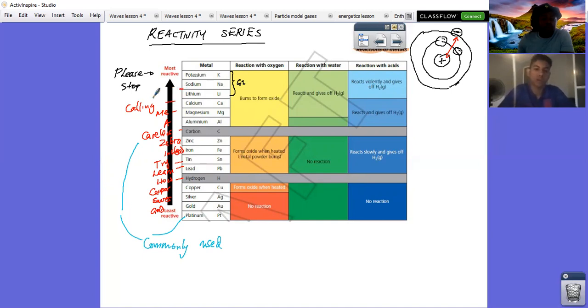So we could put lithium. Now, please stop. What could we use for the L? Let's get creative here. We're going to say, please stop lying, calling me a careless zebra. Why not? Please stop lying, calling me a careless zebra.